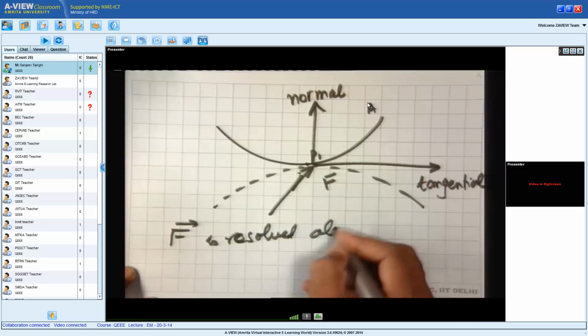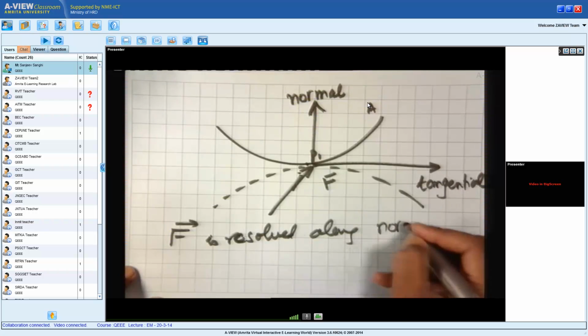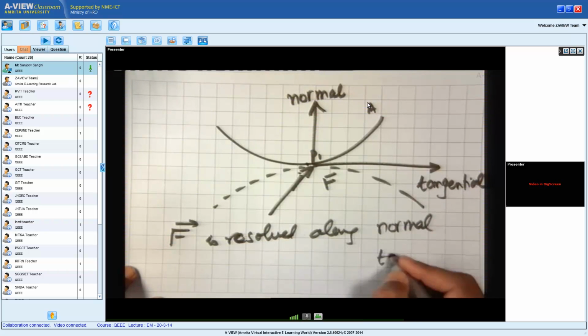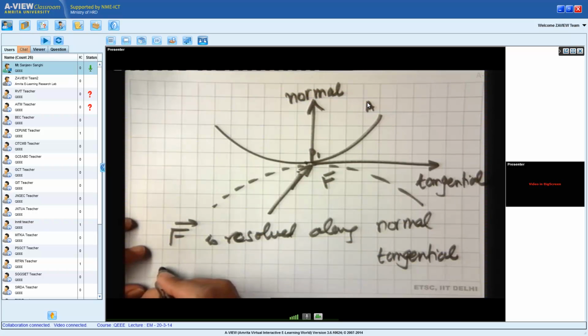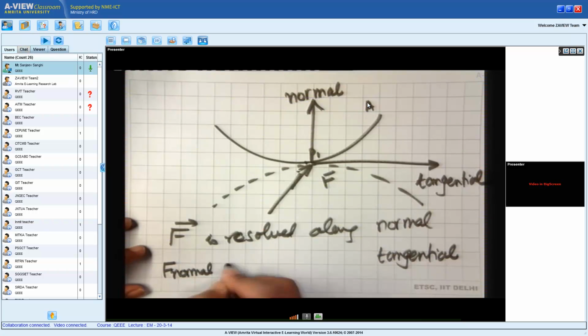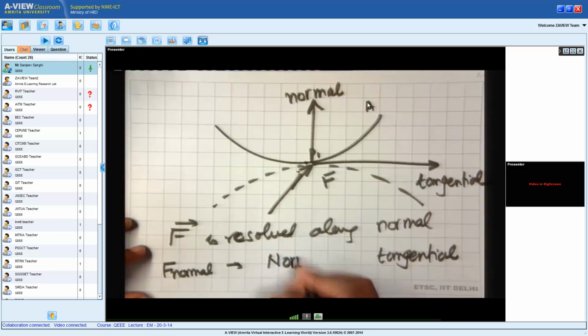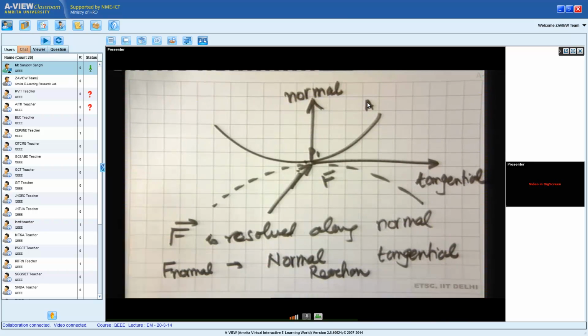Okay. So now, if F is resolved along the normal direction and along the tangential direction, then the normal component of F is what we term as the normal reaction. You must have seen this term, normal reaction.